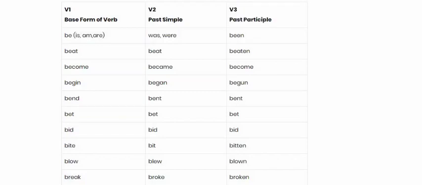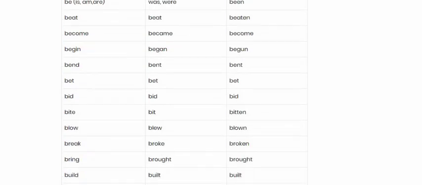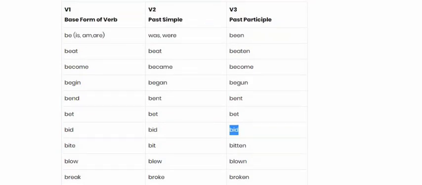You have to memorize them by heart. What I would suggest is memorize all these, go to your friend or family or relative and give them this list and ask them to ask you the V1, V2, V3 of a particular verb. Ask them to choose any verb and you tell the V2 and V3. Now there is another problem.